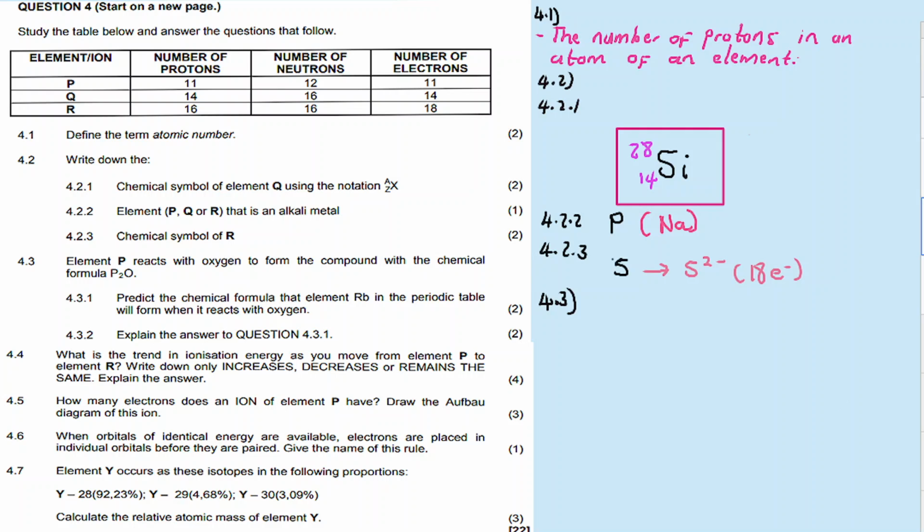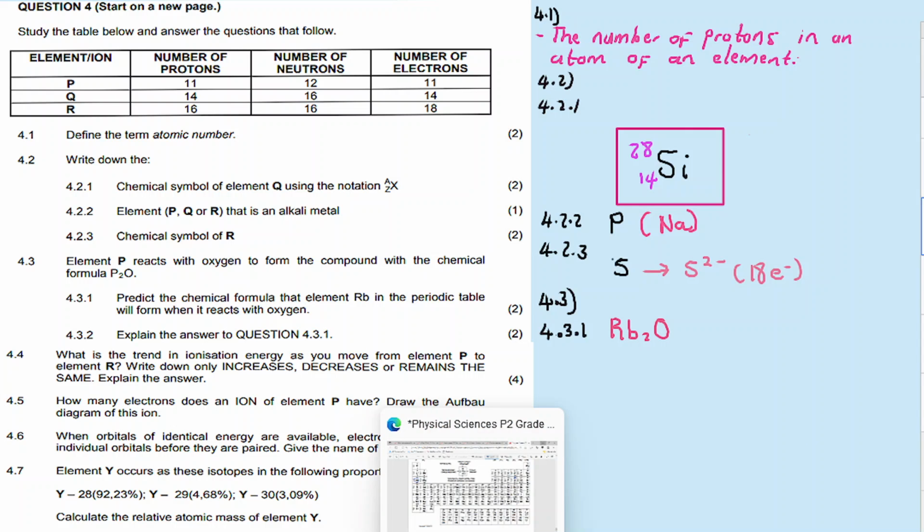Question 4.3.1: predict the chemical formula that element Rb in the periodic table will form when it reacts with oxygen. I say it's going to be Rb2O. Why?